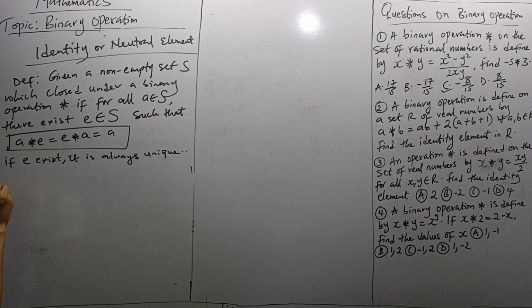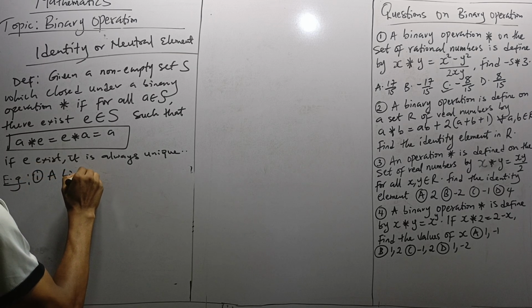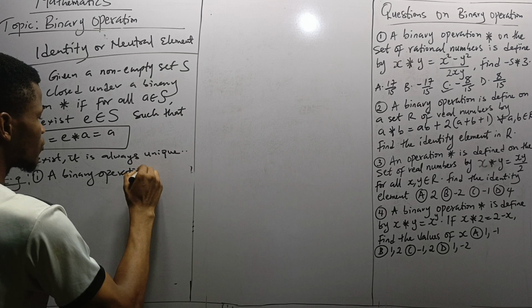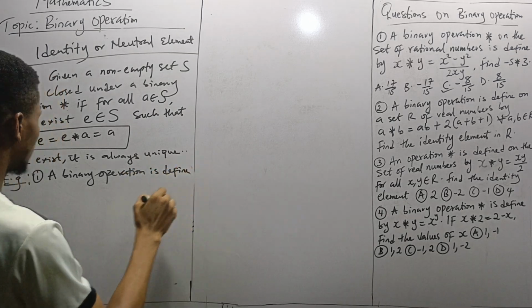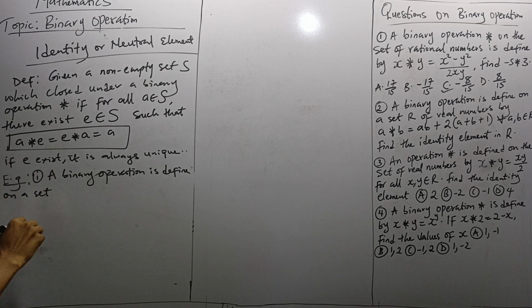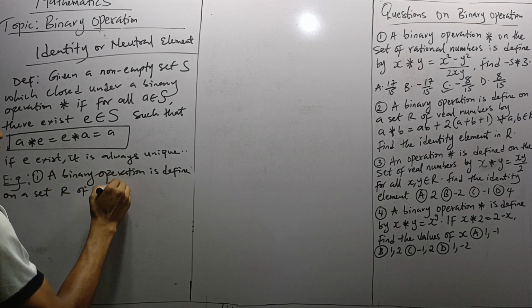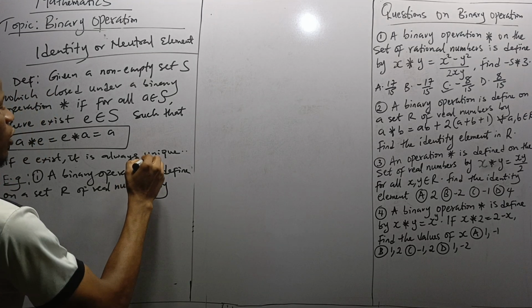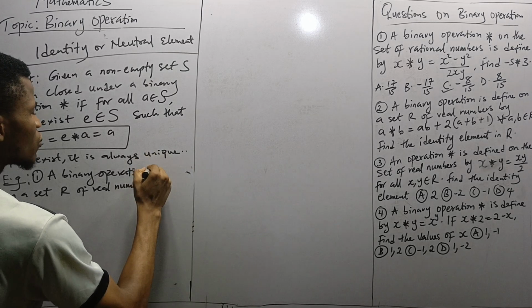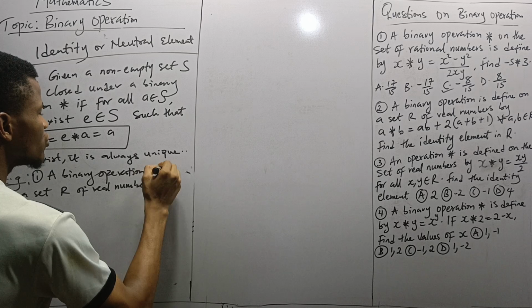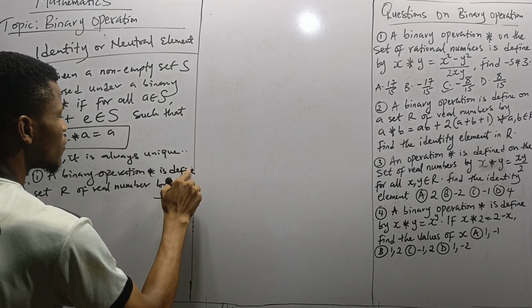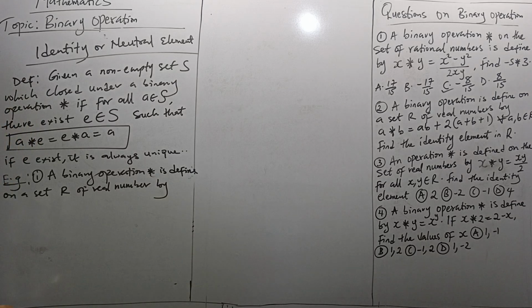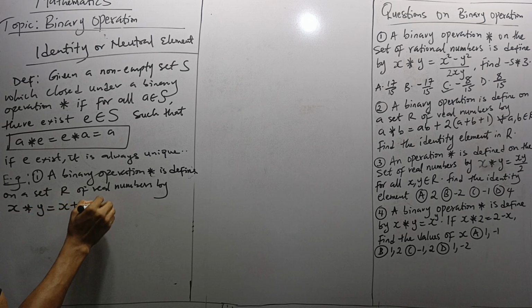So let me take an example. A binary operation, let me call it asterisk, is defined on a set R of real numbers by X operation Y equals X plus Y for all X, Y which are real numbers.